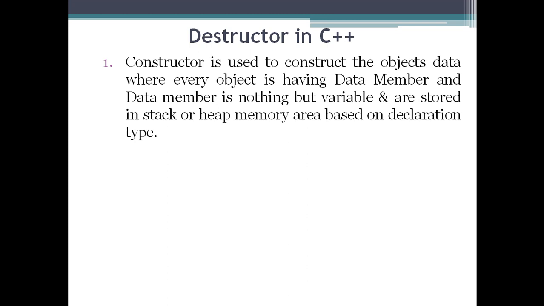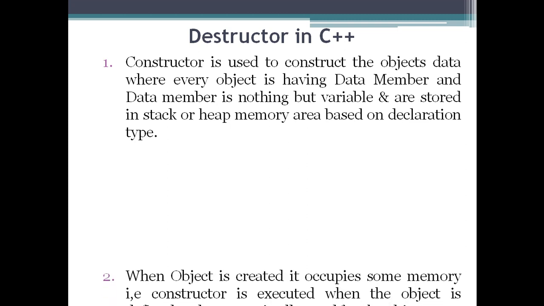A constructor is used to construct an object's data, where every object has data members, and a data member is nothing but a variable, stored in stack or heap memory based on the declaration type. Whenever you create an object, every object has data members, and they are always stored in a particular region of memory, either the stack region or the heap region.